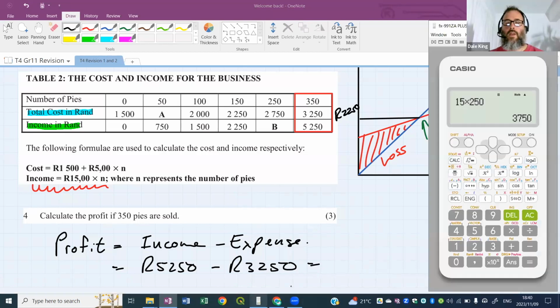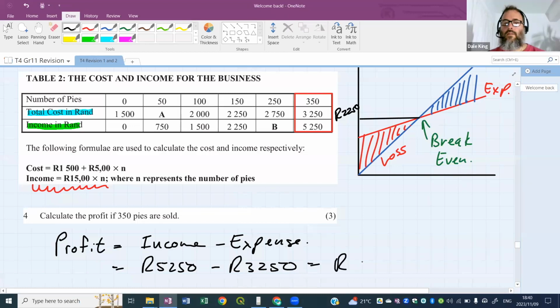All right, let's see what we get. You should all be getting 2000. So we're taking the income, which is the green one here, the 5250, and subtracting the expenses or the costs, which is 3250. That will give us a profit.